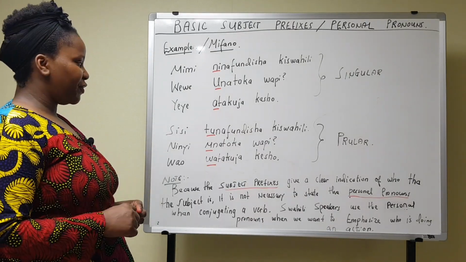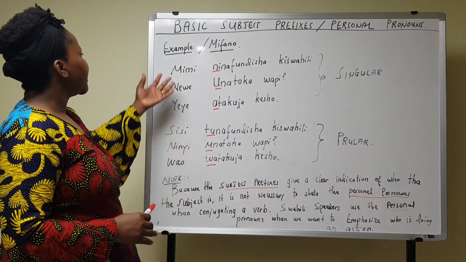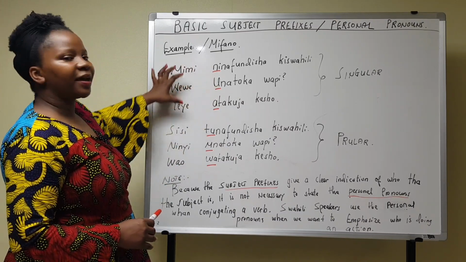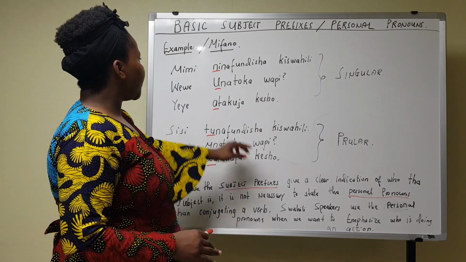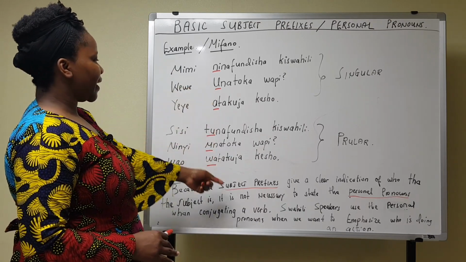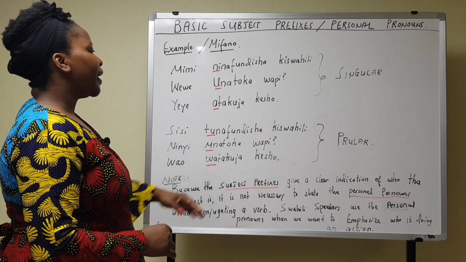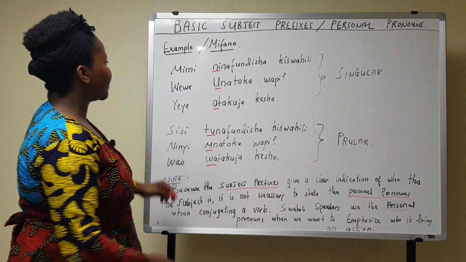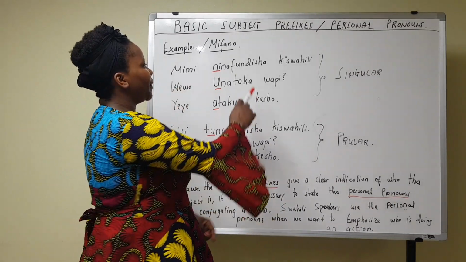Okay, I just want to give you clear information on how we use these subject prefixes and personal pronouns. Because the subject prefixes give a clear indication of who is doing an action, it is not necessary to state the personal pronoun when conjugating a verb.